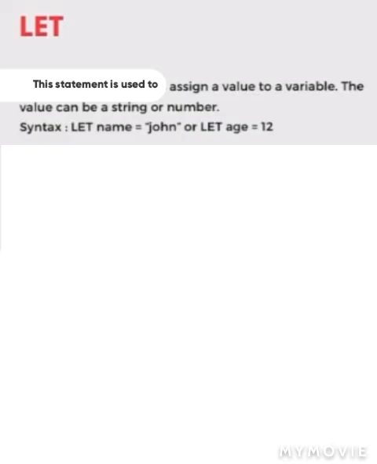Let statement. The let statement is used to assign a value or data to the variable. The value of a let statement cannot be changed at the time of execution. Its syntax is: let, then the variable name, equals, the value of the variable. Okay, input statement.